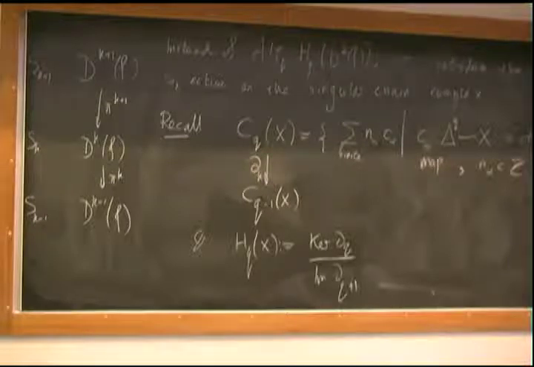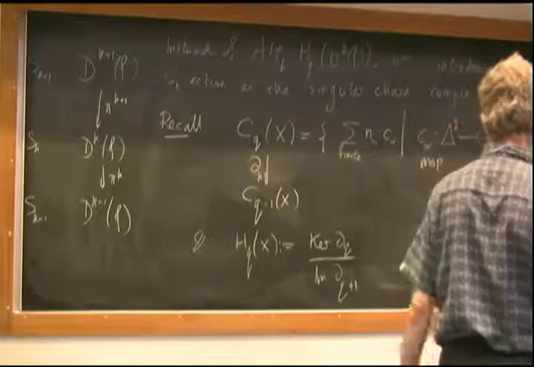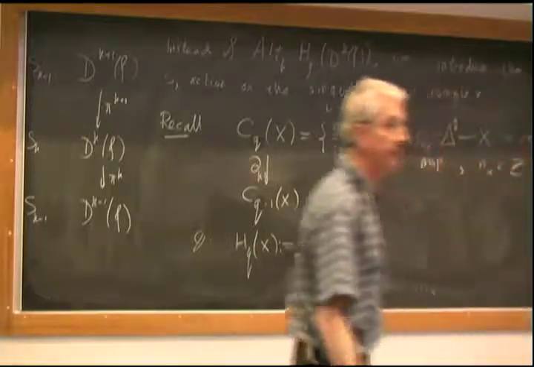So this is the kernel of delta from C_q alt of dkf to C_{q-1} alt of dk of f over the image of delta from C_{q+1} alt to C_q alt. Same definition, the usual definition of homology, and we get this alternating homology group.